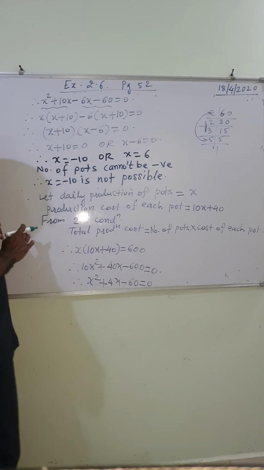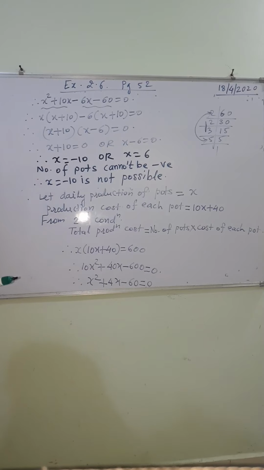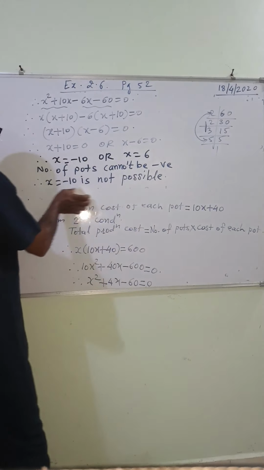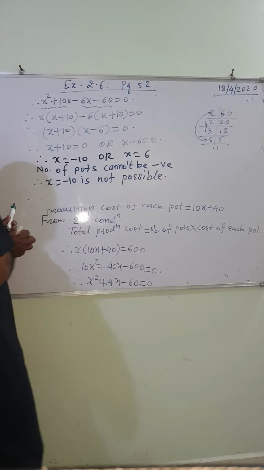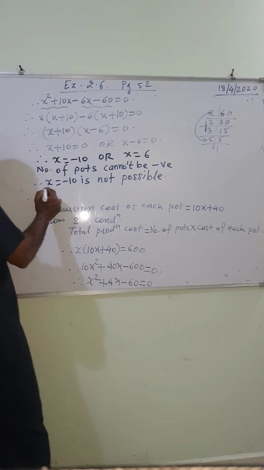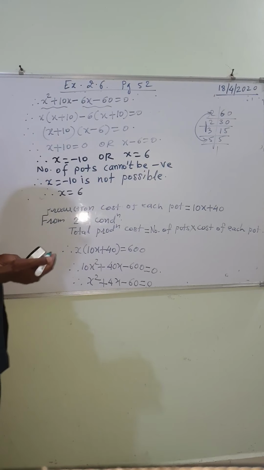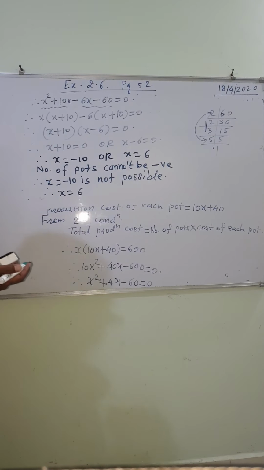So, we will write x is equal to 6. Therefore, x is equal to 6. What is this x? Number of the pots daily produced.